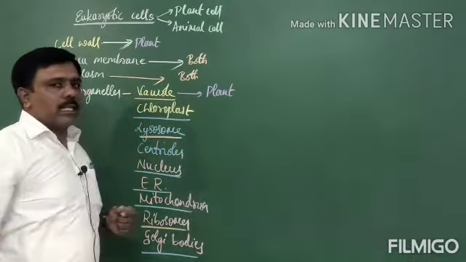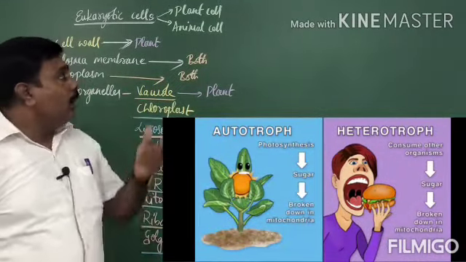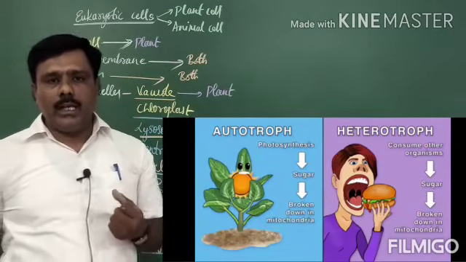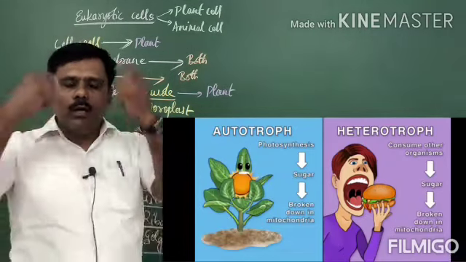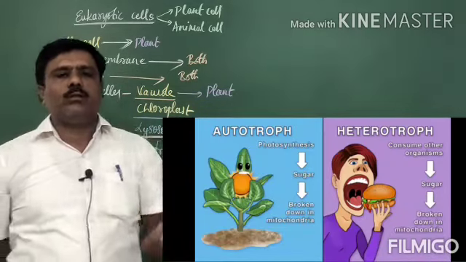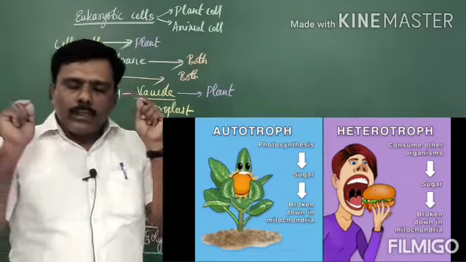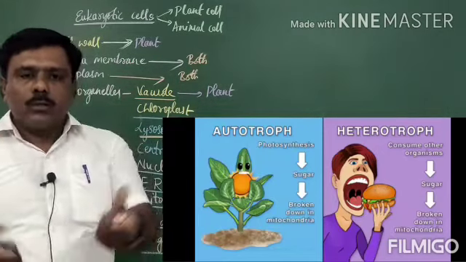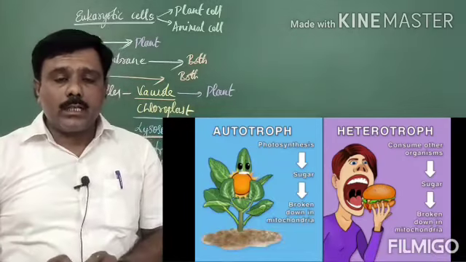As far as the nutrition of the cell is concerned, the plant cell or animal cell requires food material. Why? They perform different functions. Living organisms, or the living characters you studied in high school: any cell needs energy rich compounds that supply energy. What we are eating as food is nothing but containing energy rich compounds.